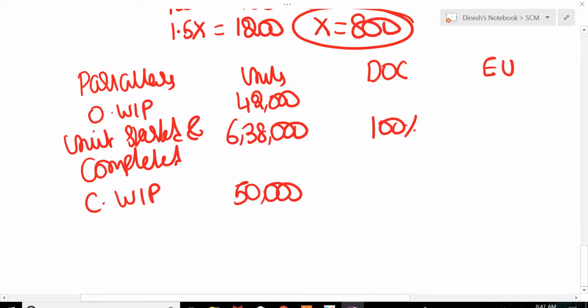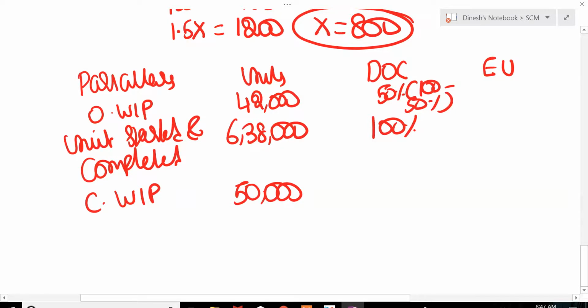For opening WIP, something would have been done in the past year, and the balance is done in the current year. So the rule is 100 minus whatever is given in the question. What is given for opening WIP? Half completed units. If they say 60% complete, I'll take 100 minus 60. So here I am taking 50%. In brackets for your understanding, you may write 100 minus 50%.